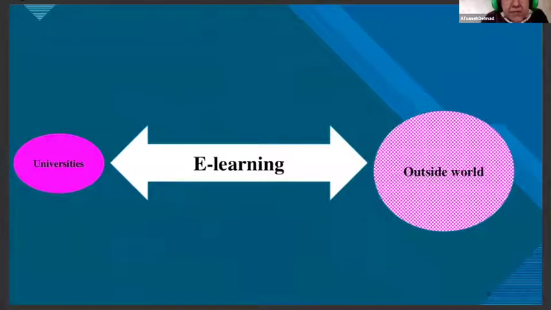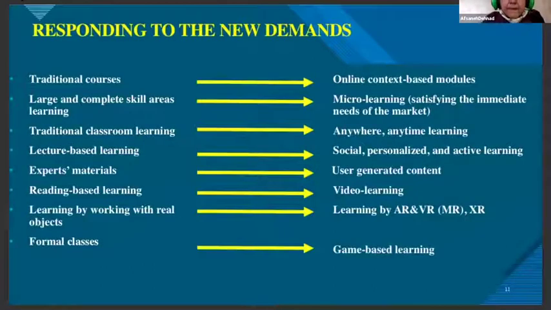So we have universities on one side and the real outside world on the other side. We need something to bridge the gap, and e-learning bridges the gap between the real world and universities. Then what happens? We see that in the new generation of universities, traditional courses are replaced by online context-based modules. That's modular courses or short-term courses.